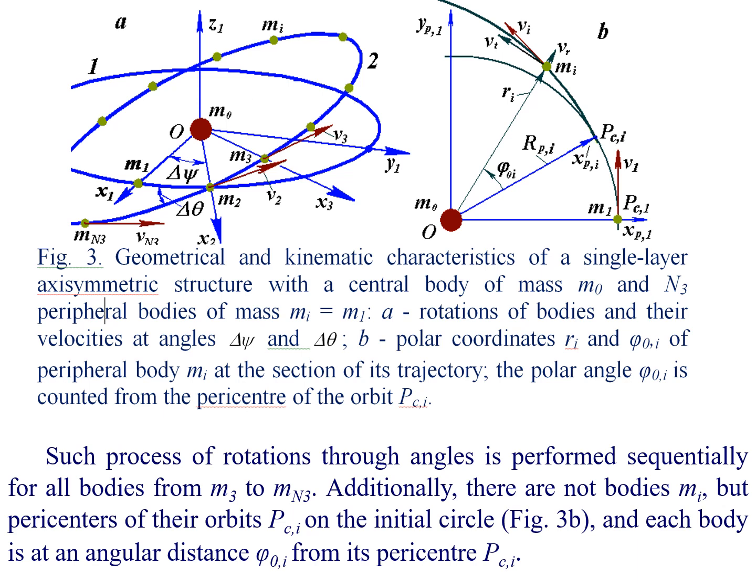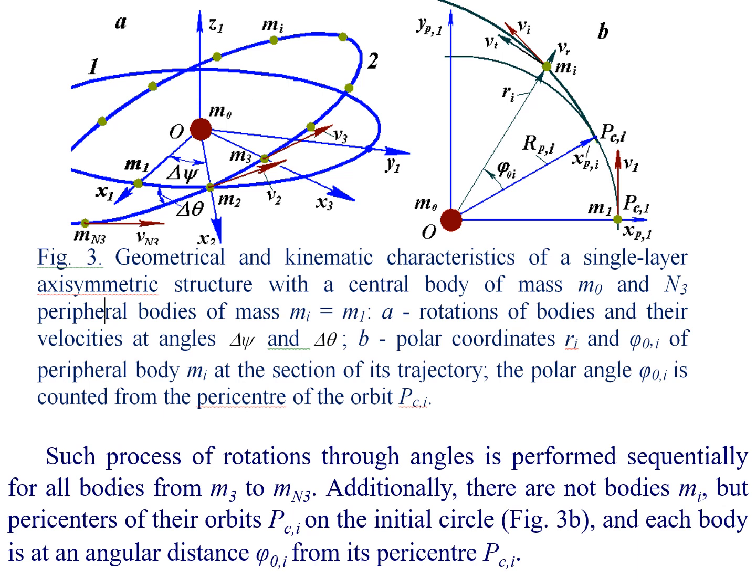Then, around the x2 axis passing through the second body m2, the entire plane with the bodies m2 and so on is rotated by an angle delta theta from the initial plane. The velocity vectors of these bodies are also located in the new plane. Such a process of rotation through angles is performed subsequently for all bodies from m3 to mn3.